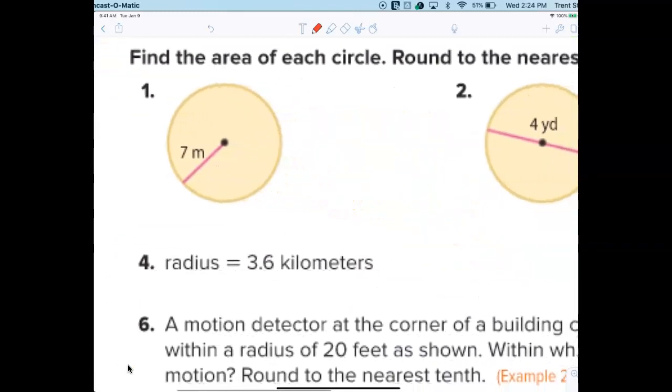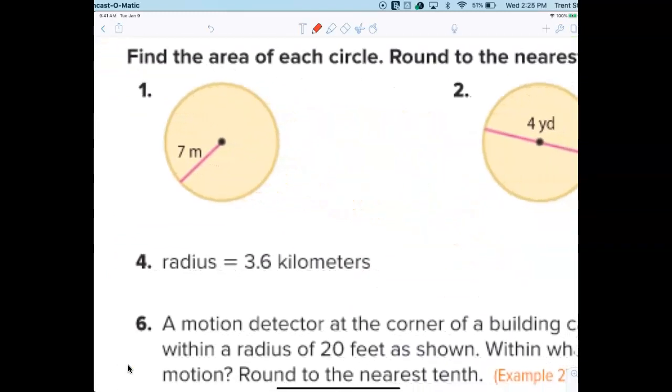Number 1, the first thing we're doing is writing the formula: A equals pi r squared. What is the radius? 7 meters. So we have A equals pi times 7. Then you hit the square button. It looks like that, that's the square button on your calculator.